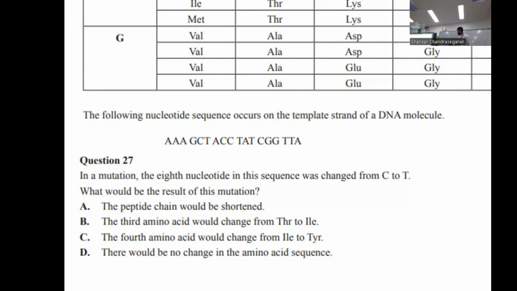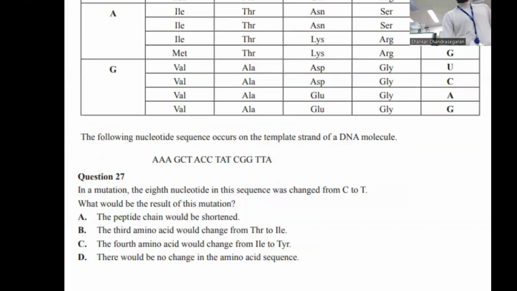Remember, T cannot exist in your mRNA sequence. What is it replaced with? If this is your DNA sequence, ATC, your template strand, what is your mRNA sequence going to look like? UAG. Okay, and what does UAG code for?